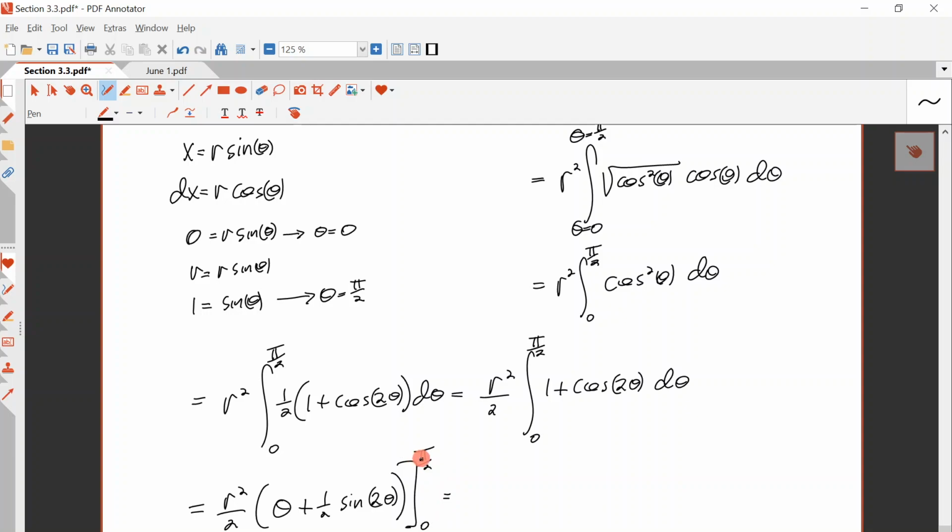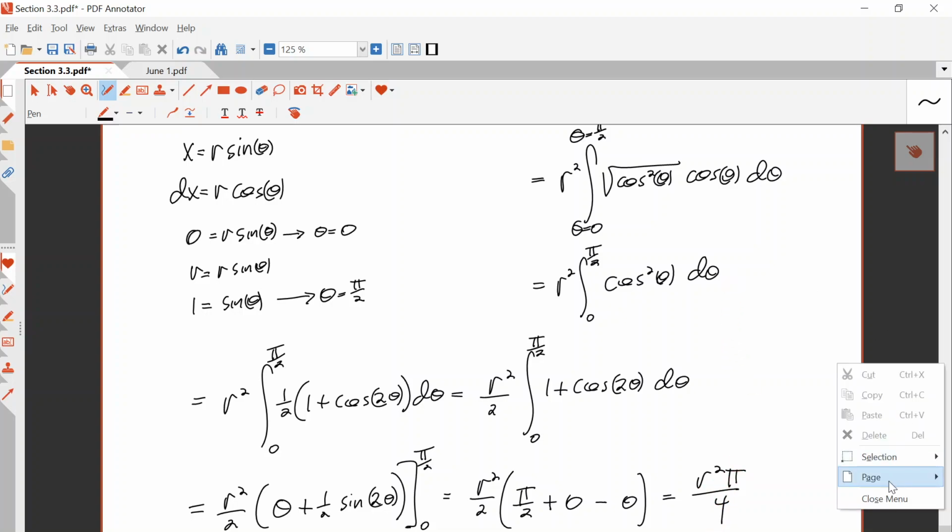At pi over 2, theta is pi over 2, and sine of 2 theta is sine of pi, which is 0. Minus at 0, this is 0 and that's 0. So it's r squared pi over 4. Right?